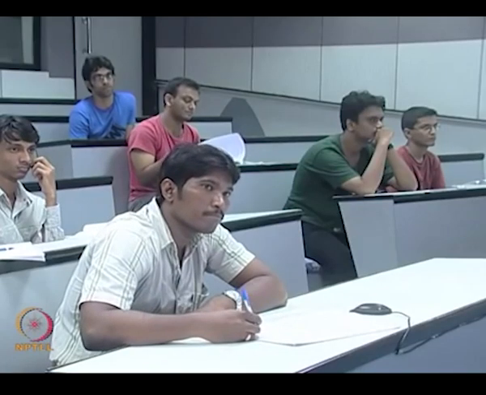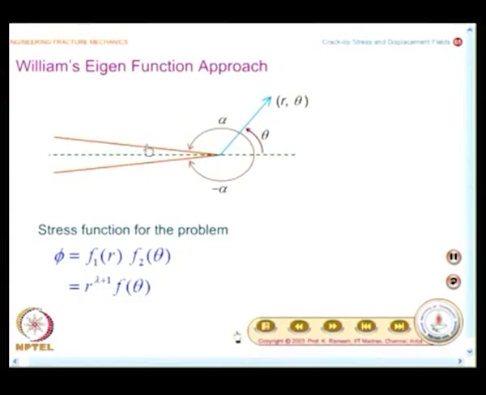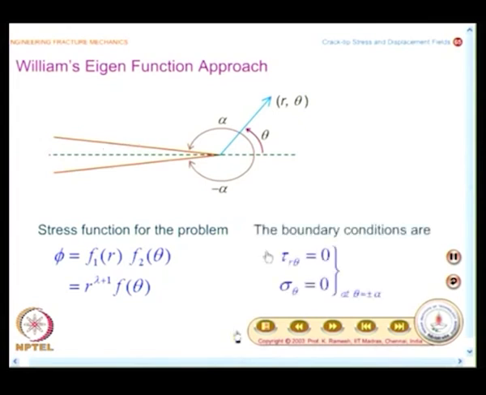You will have to be very careful about that. Sigma r can remain, sigma theta cannot remain. This is a radial line, you have to note that. So, the boundary conditions for this problem are tau r theta equal to 0 and sigma theta equal to 0 at theta equal to plus or minus alpha.